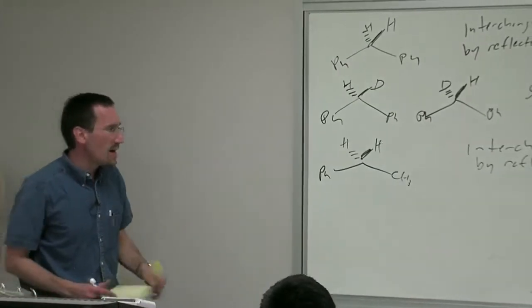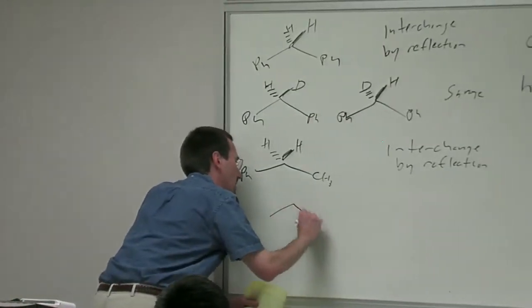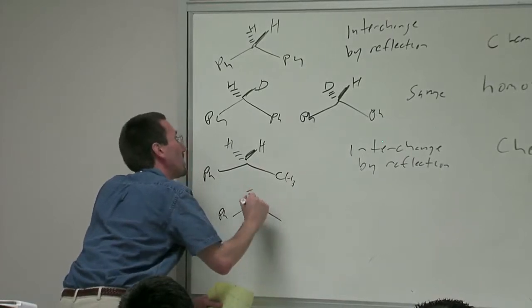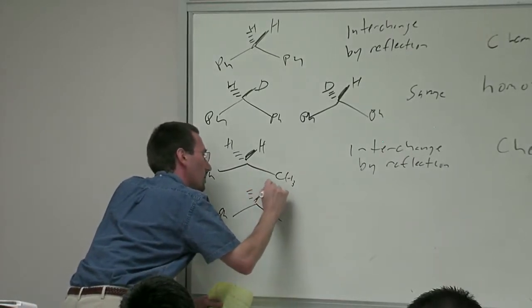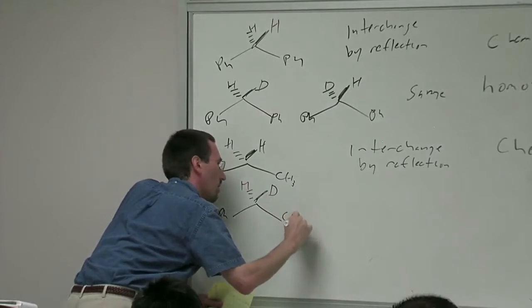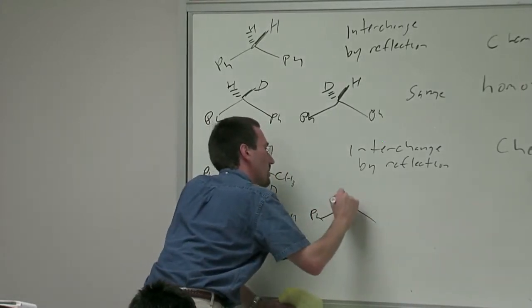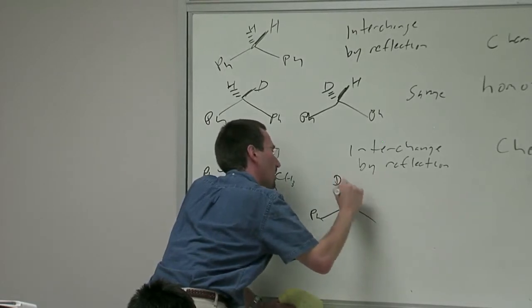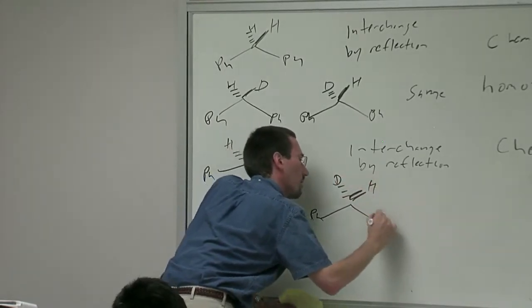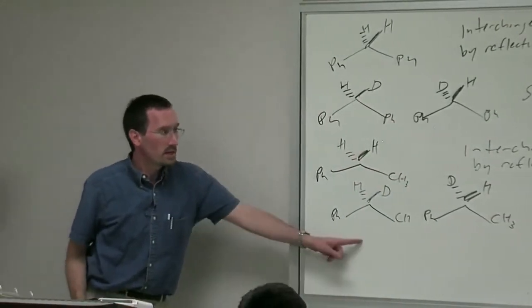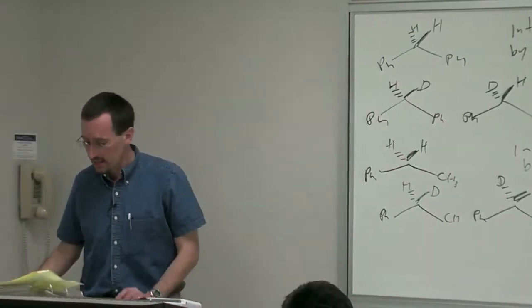All right, let's try our little thought experiment here. We replace one by a deuterium, and we replace the other by a deuterium. And now, these two molecules, are they the same?